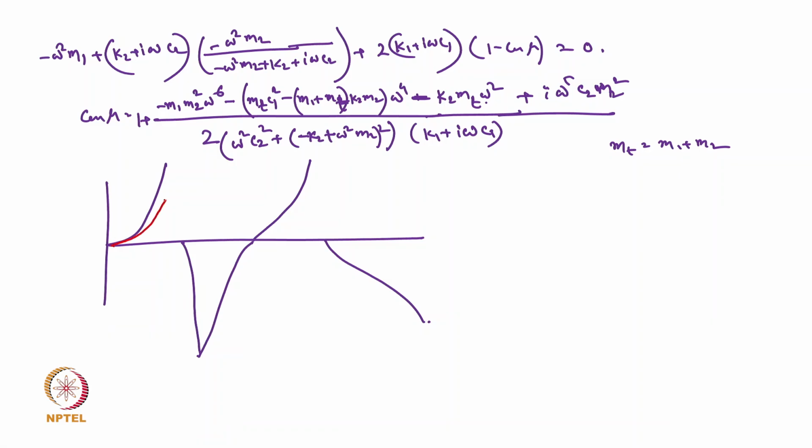Instead of this, we will start having it like this way. Here also it will be going like this. So these red diagrams are becoming the dispersion diagram for the damping.